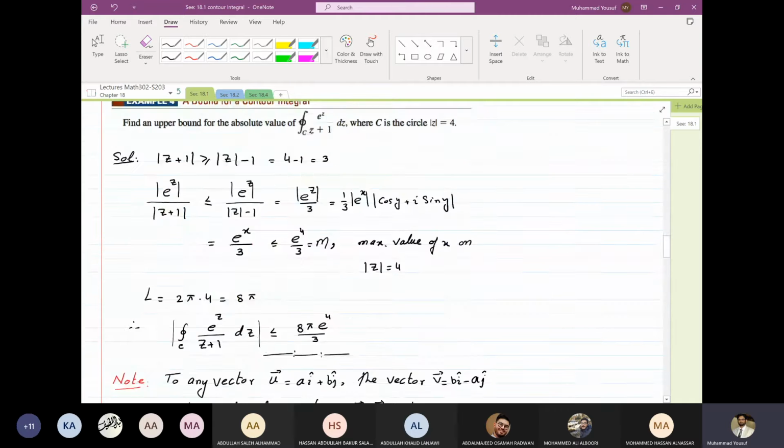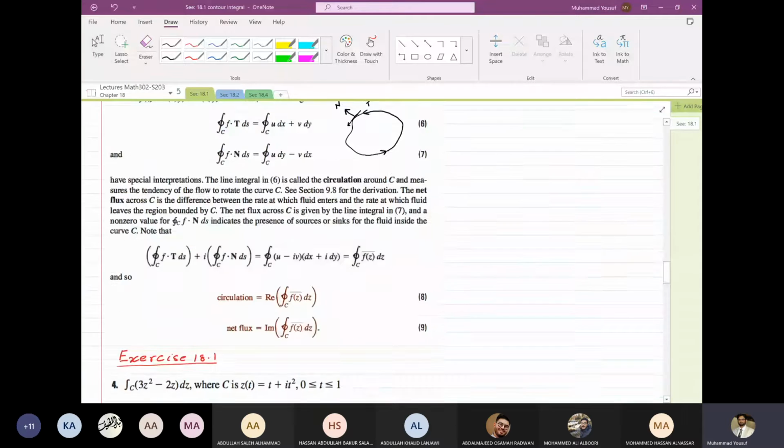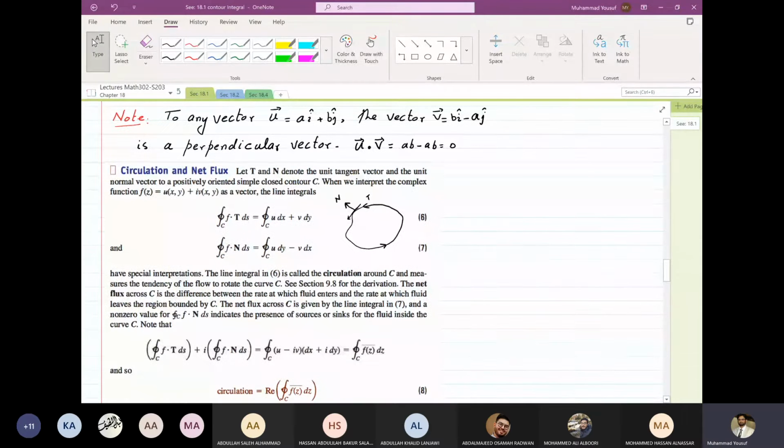Now these are the same thing written here in this definition. The integral over C, where C is a closed curve, of F dot T ds is equal to the integral of u dx plus v dy.